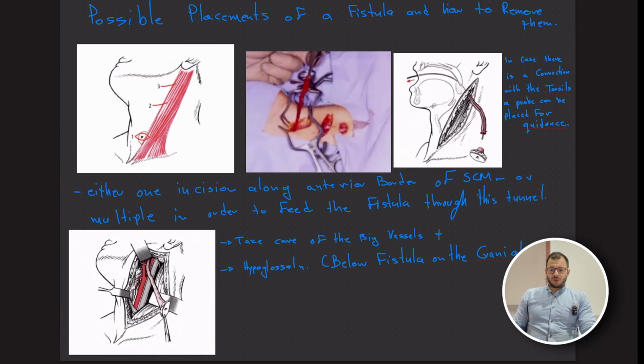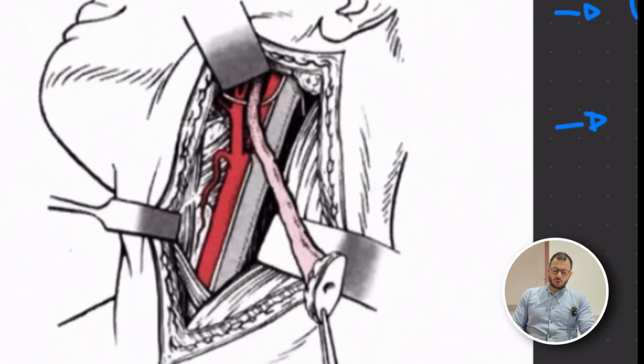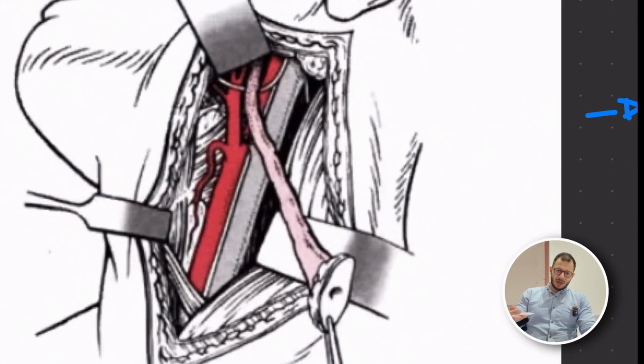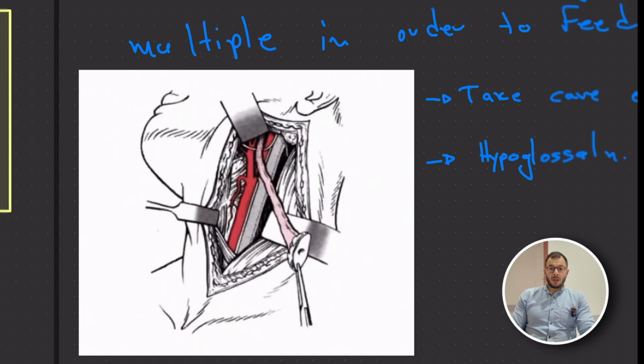Always take care during the operation of the big vessels in the area, as we've talked before, and the hypoglossal nerve. As I told you before, the fistula runs over the hypoglossal nerve, as we see here in the picture, and then in front of the bifurcation of the carotids.